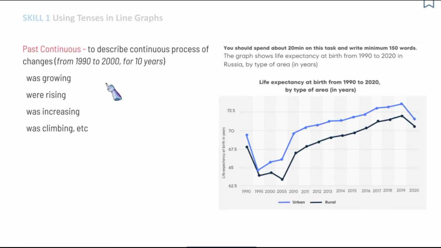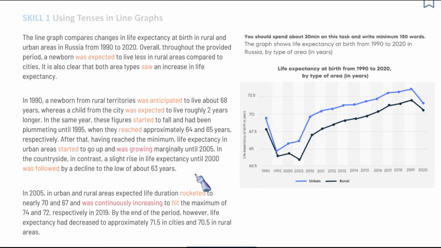The examples are was growing, were rising, was increasing, was climbing, etc. I have used this tense 2 times in my report over here, was growing marginally, and was continuously increasing. So again, this tense is used to show a lasting event, an event that was in progress.